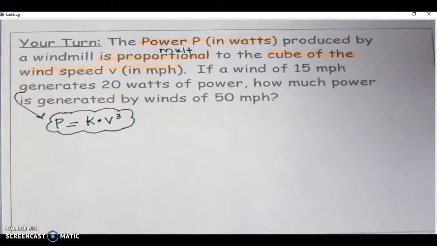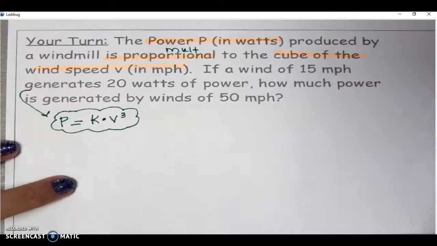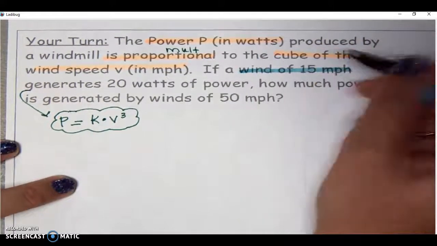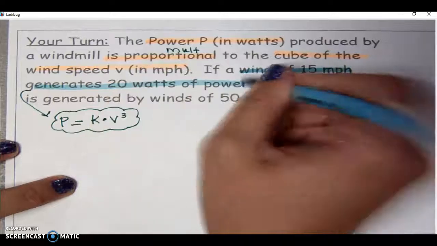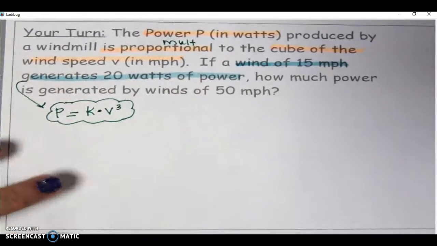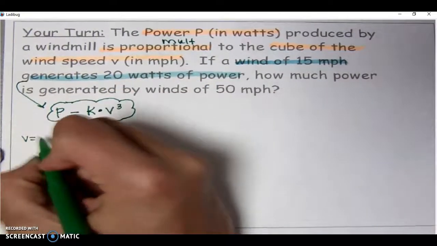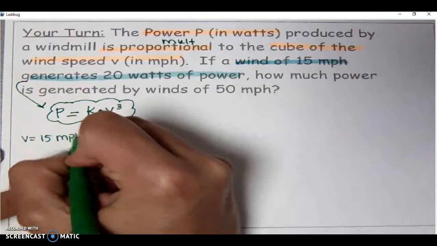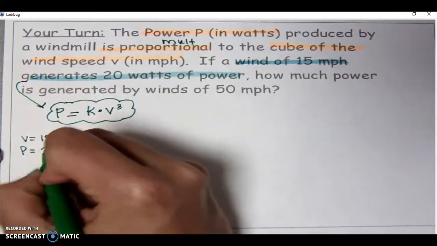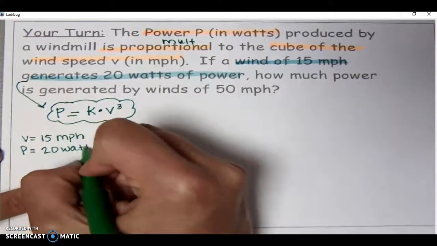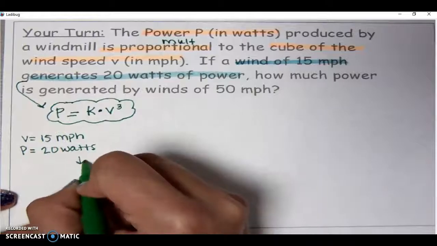Then it says if a wind of 15 miles per hour generates 20 watts of power. We're going to stop there. It's saying if V is 15 miles per hour and P is 20 watts, using that information we can figure out what k is going to be.